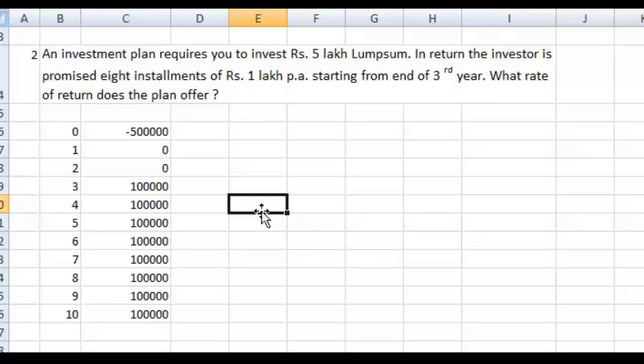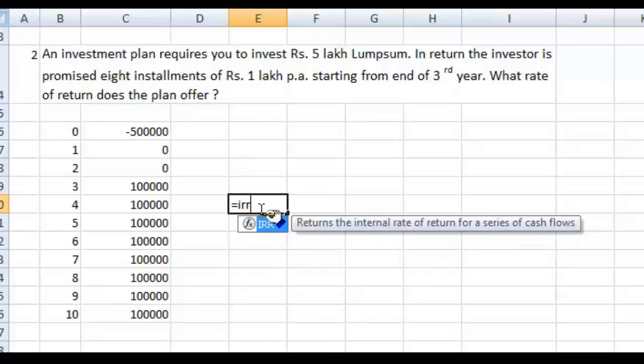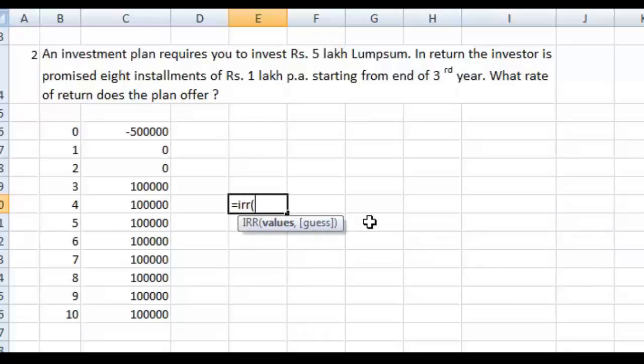Now let's click anywhere and all you need to do is type IRR. Remember, the important part in an IRR question is to get your cash flow right. Once you get your cash flow right, you have got your IRR right, because it's very simple to do the actual calculation.